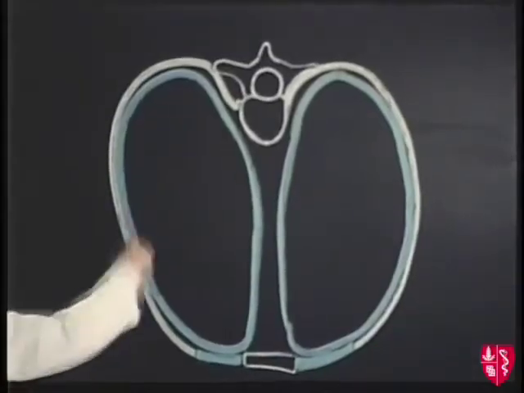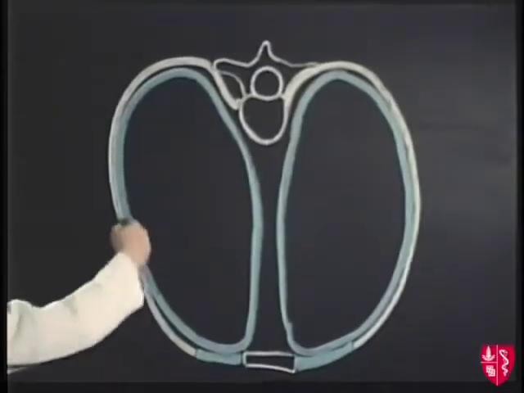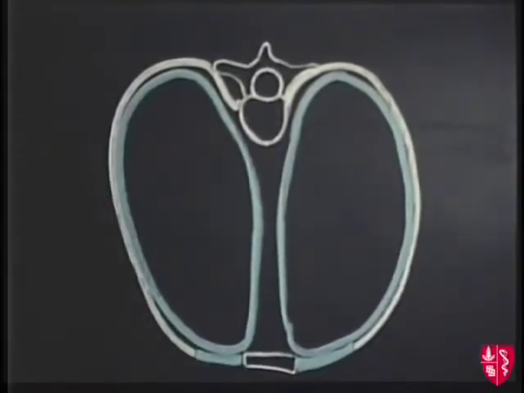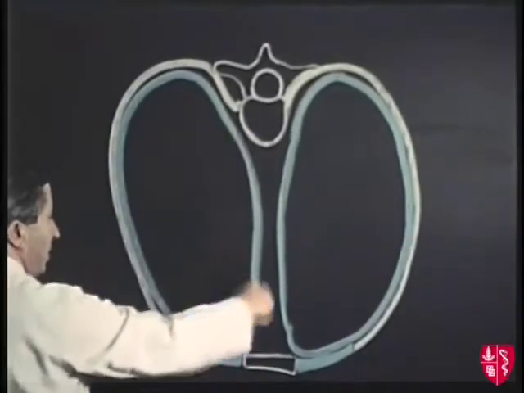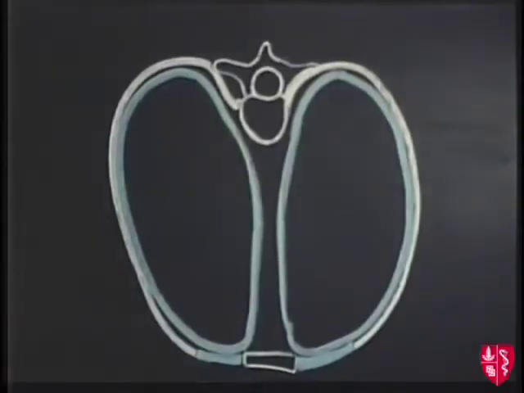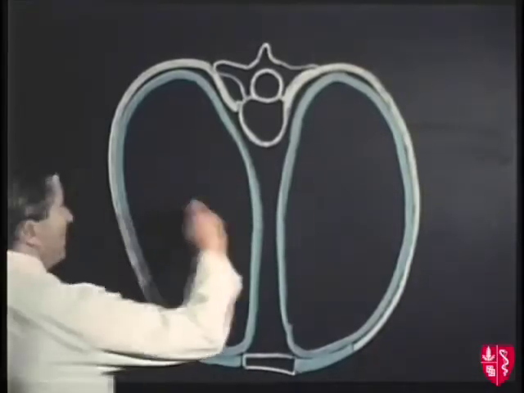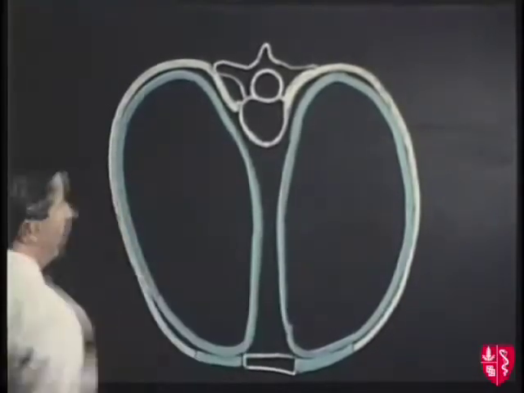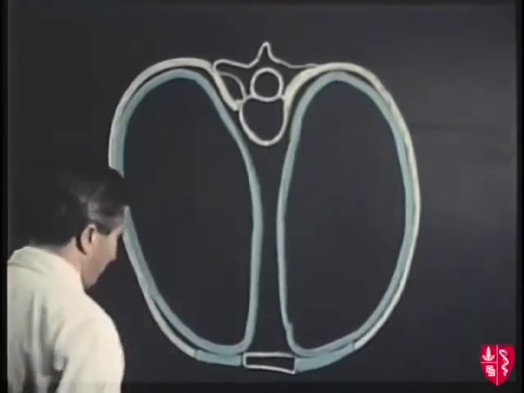Now, the parietal pleura is named according to the area which it covers. For example, in this region here, it's lining the chest wall, so we refer to it as the costal parietal pleura. This region here, which is covering the mediastinum, we refer to as the mediastinal area of parietal pleura. And this area on either side, which will be occupied by the lungs, we refer to as the pulmonary chambers.